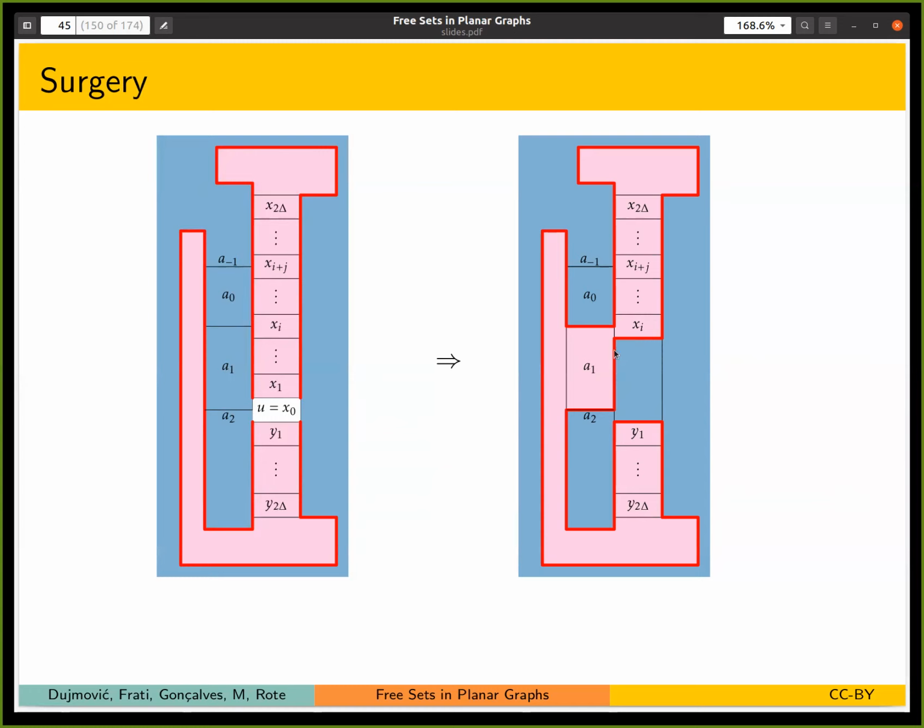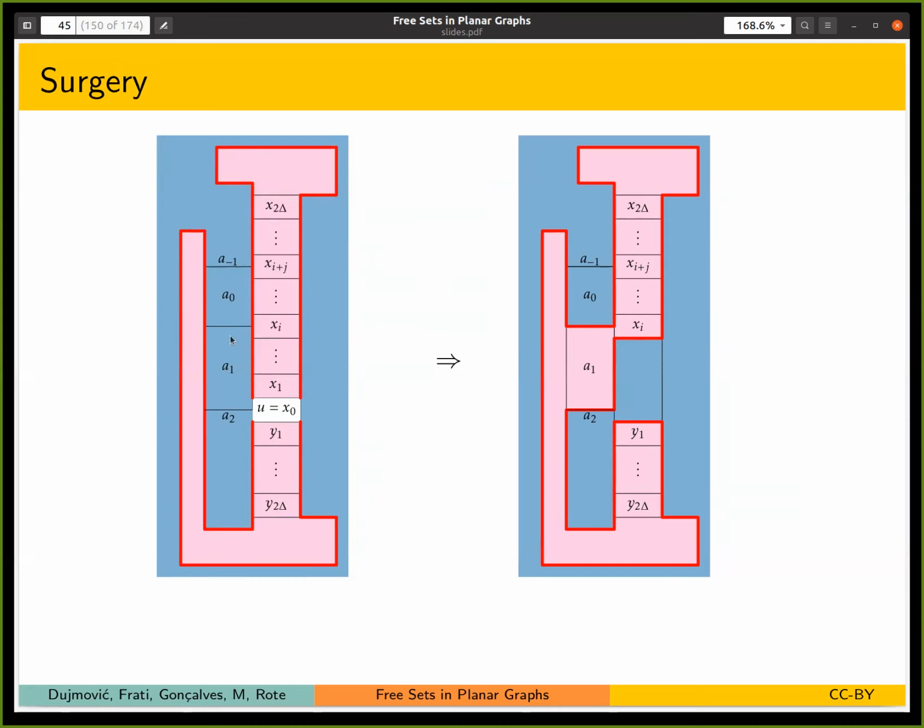And well, the pink-blue boundary again becomes a cycle. There's some tree associated with that cycle, but what happened here is somehow the branching went up in that tree. So now A1, which used to be a degree 2 node, is now a degree 3 node.